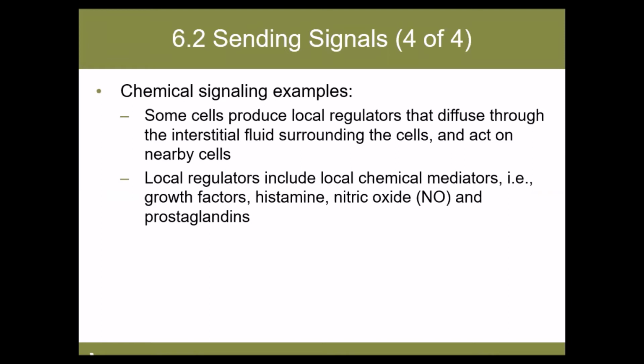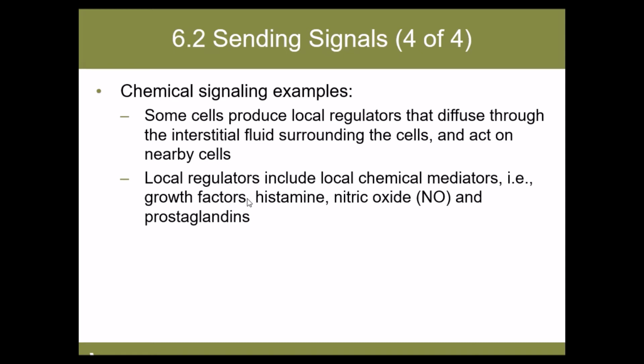This slide is just giving you some examples of some of these chemicals that are produced. You don't necessarily need to know all the different examples here, but some cells do produce what they call local regulators. These are just chemicals that don't travel very far. They activate nearby cells. These are some examples: growth factors, histamine.